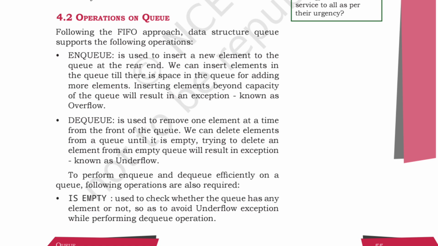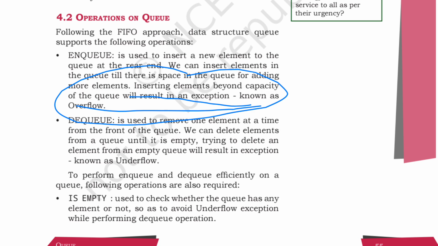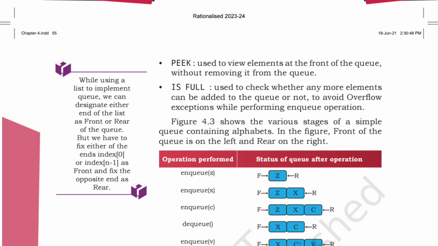Inserting elements beyond the capacity of the queue will result in an exception, known as overflow. Look here, this is NQ. That is overflow, which we have to remember.